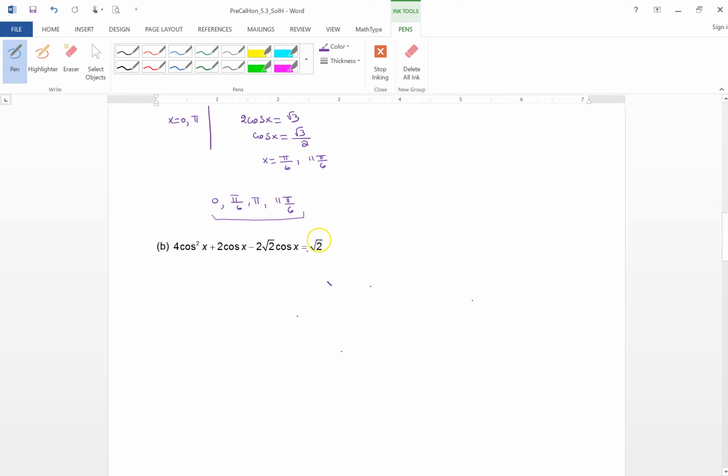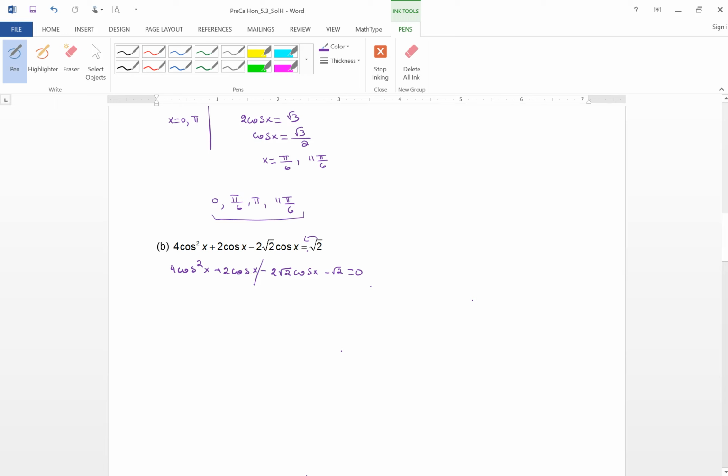All right, here too, we're going to take the root 2 to the other side. So we get 4 cosine squared x plus 2 cosine x minus 2 root 2 cosine x minus root 2. And if you notice, we can factor this by grouping. Split it down the middle there.